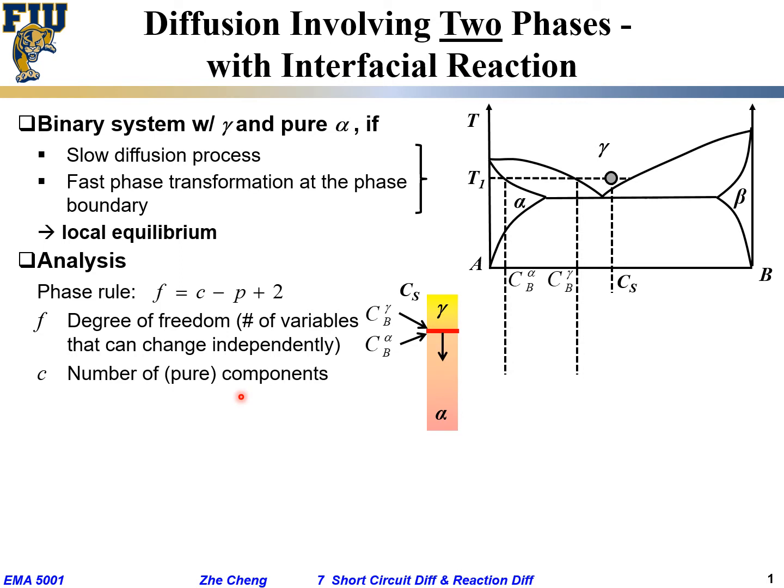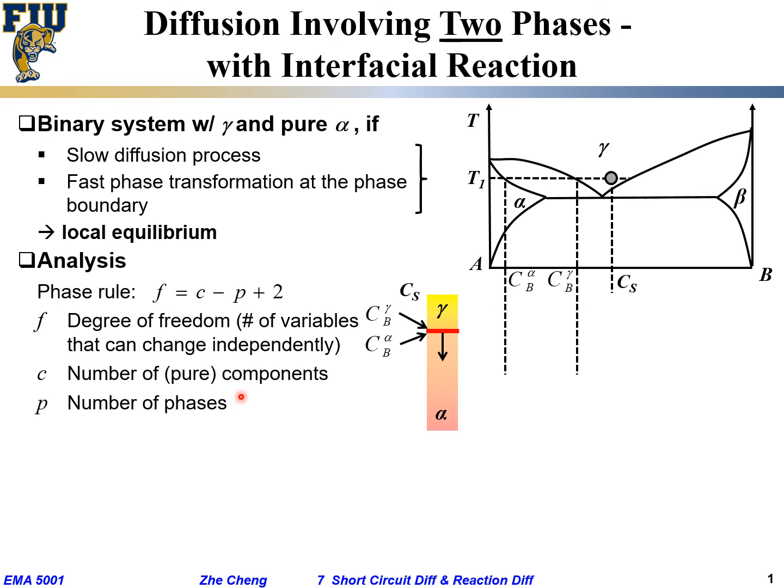So the number of pure components could be pure nickel, pure copper. It could also be pure aluminum oxide, pure chromium oxide. Make sense? Even though aluminum oxide has how many elements in it? 2. Chromium oxide also has 2 elements. Those two would be together as a pseudo-binary. Okay, C is the number of pure components.